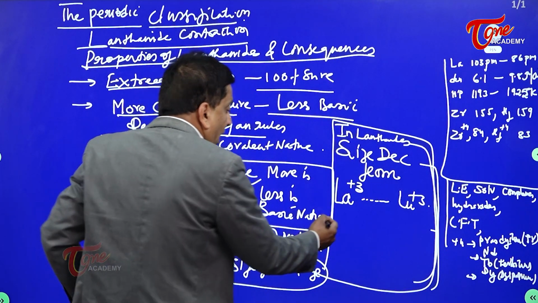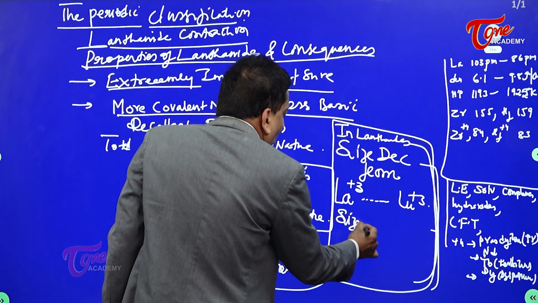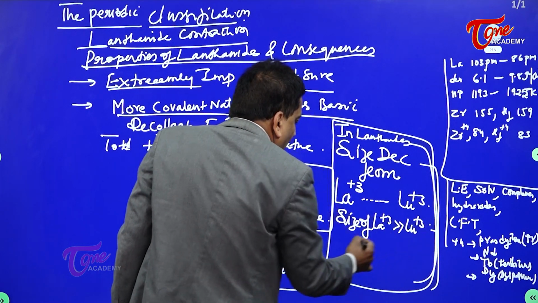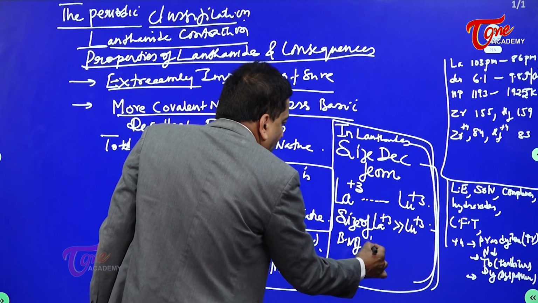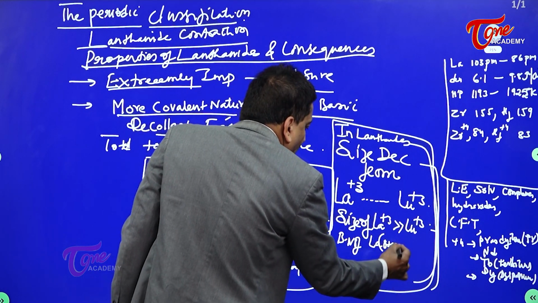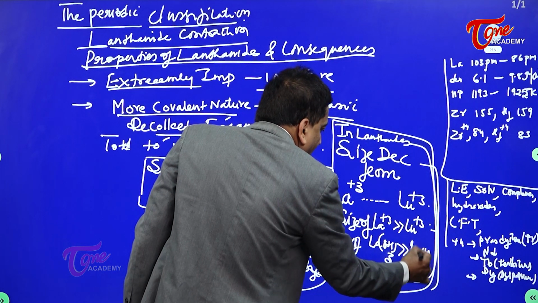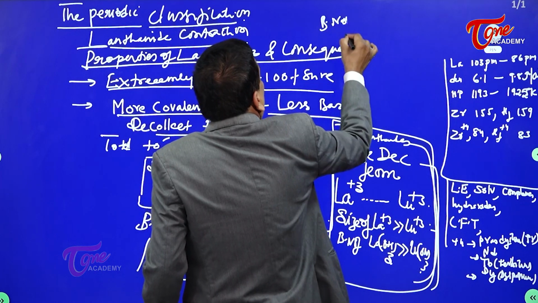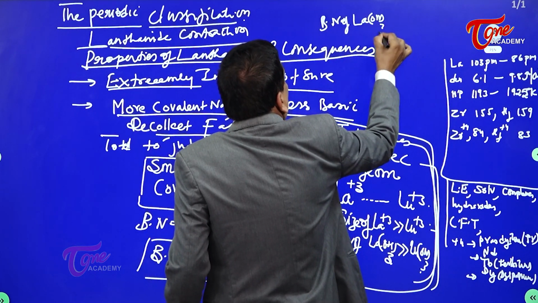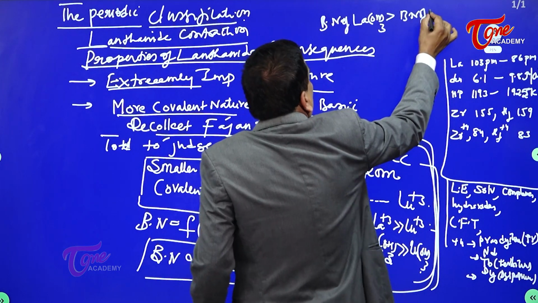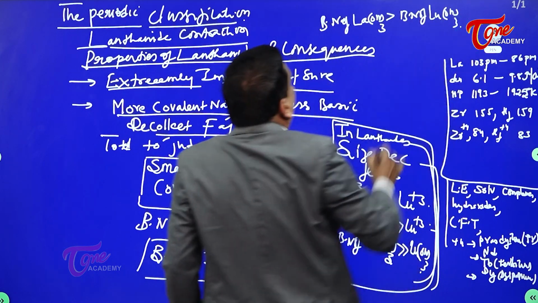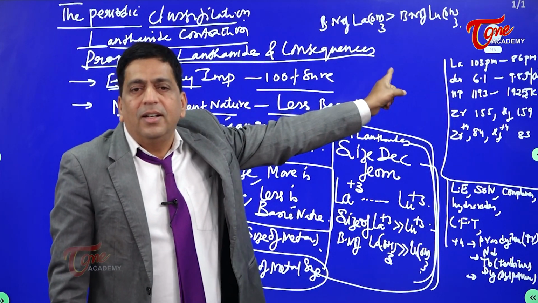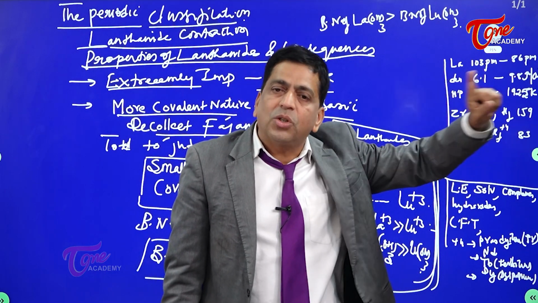So I would like to say the size of lanthanum plus 3 is greater than lutetium plus 3. So basic nature of lanthanum hydroxide will be greater than lutetium hydroxide. You must understand. Well, remember that basic nature of lanthanum trihydroxide is greater than basic nature of lutetium trihydroxide. Because the size is decreasing from lanthanum to lutetium, you must understand.